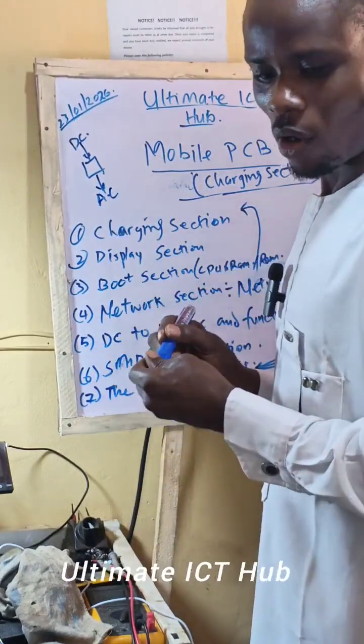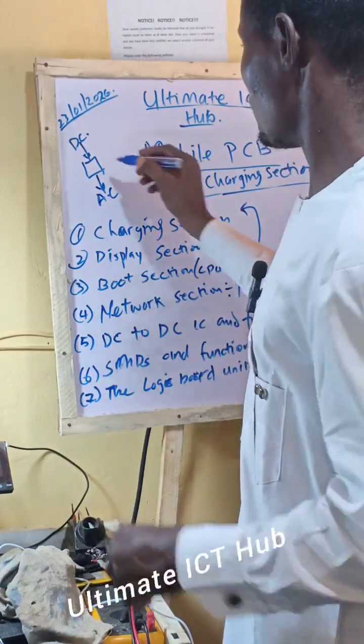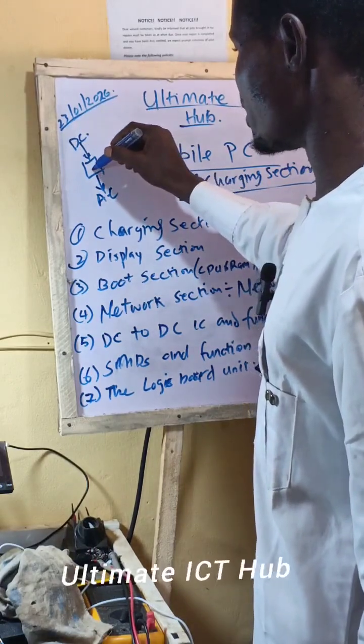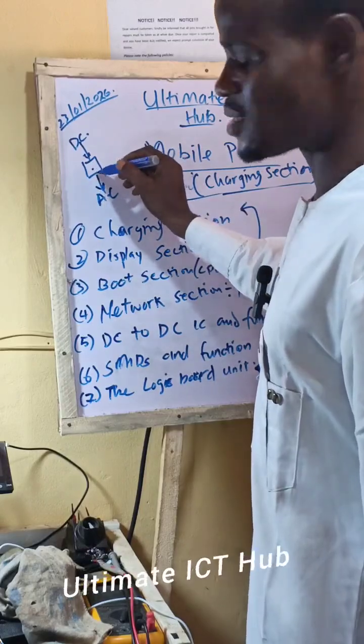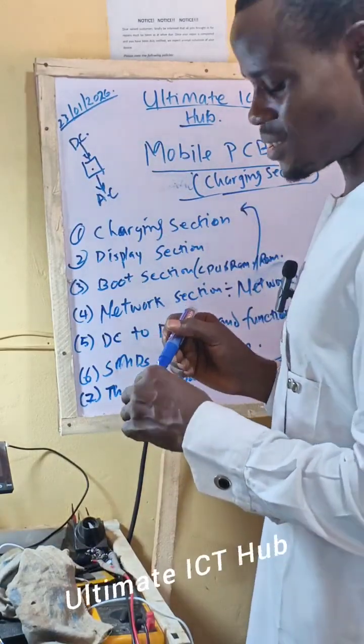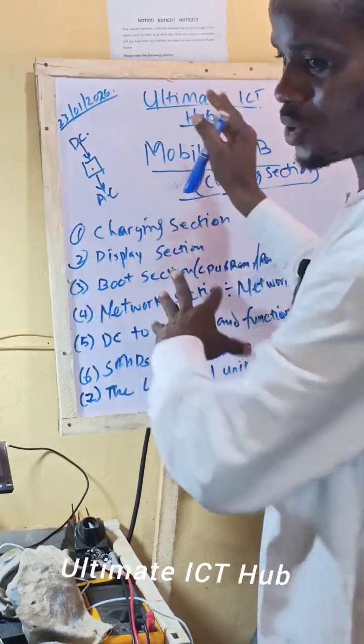What's AC? Alternating current. That's the battery. So while current is flowing into this place, this one filters it, then it comes to this place, then it sends it to the charging IC, then it's being distributed.